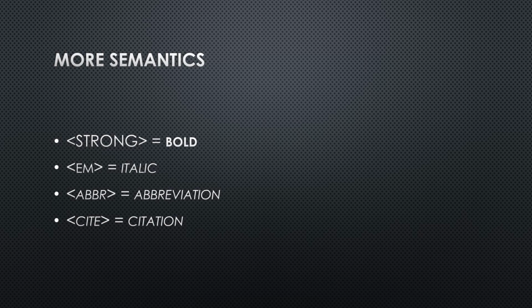Strong equals bold, em equals italic, abbreviation or ABBR equals abbreviation, or cite is equal to citation, and there are many more of these that you can use. Overall, it's a good way to make HTML more accessible and easier to understand. There's no guessing about what was intended.